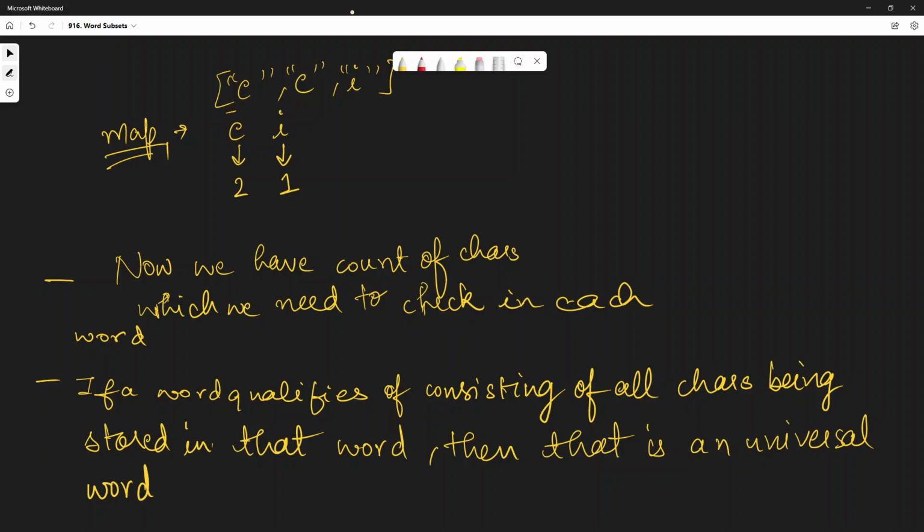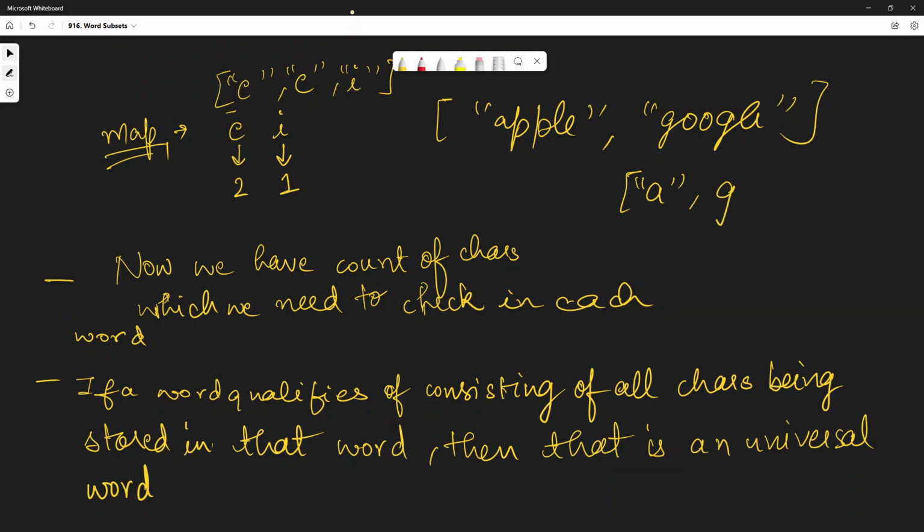So we have the word apple, and then the word google, and then we have a pattern something like A, then Z. If Z is there, then it won't fulfill our requirement, so both of these would be disqualified from being universal. If the pattern is A, then P, then again P, then only apple would satisfy being a universal string.